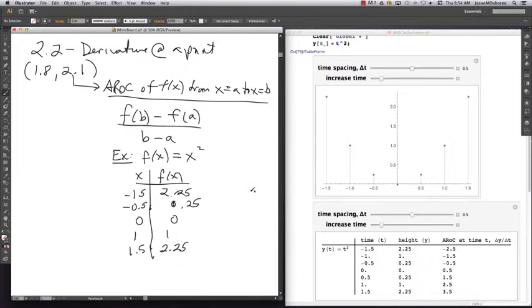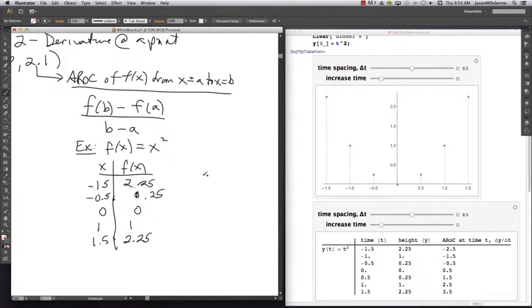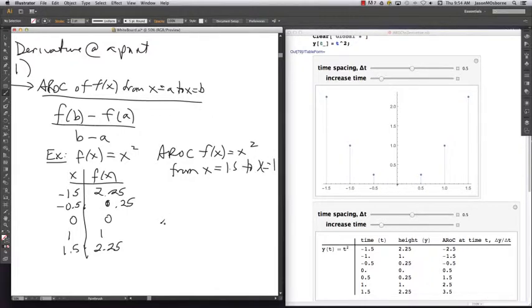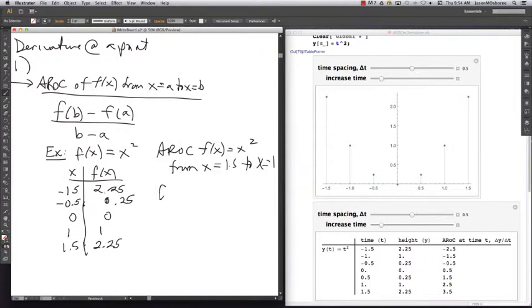So for example, the average rate of change of this function f of x equals x squared from x equals 1 to x equals 1.5 is the function evaluated at 1.5 minus the function evaluated at 1, over 1.5 minus 1.